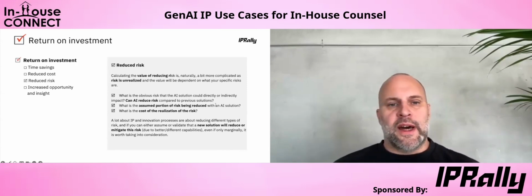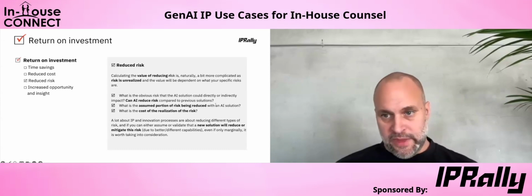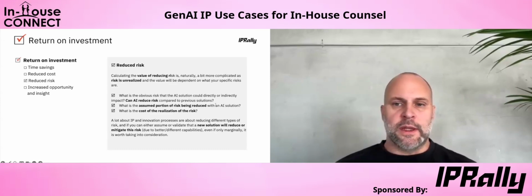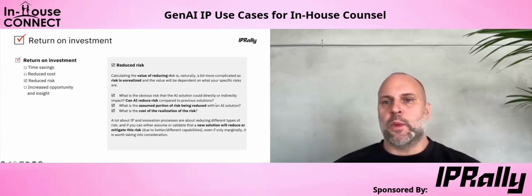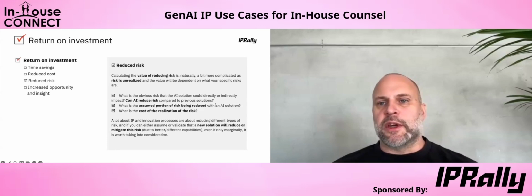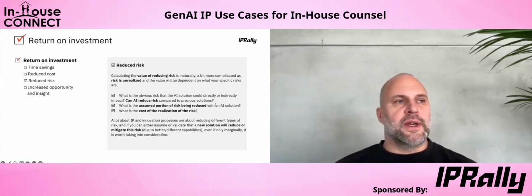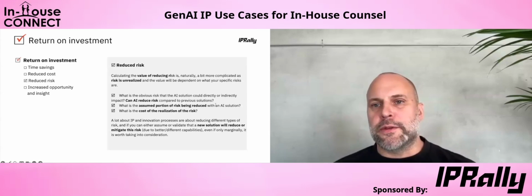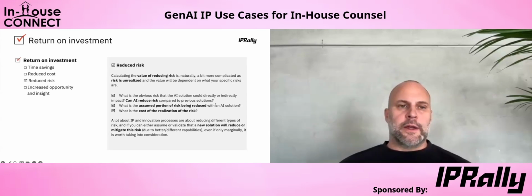And then try to quantify what the impact of AI is. Can it move the needle 1%, 0.1%, 3%, whatever it may be. And then finally, what is the cost if that risk actually becomes reality? What is the cost of you infringing? What is the cost of ending up in a $100 million lawsuit? And then try to make that calculation.